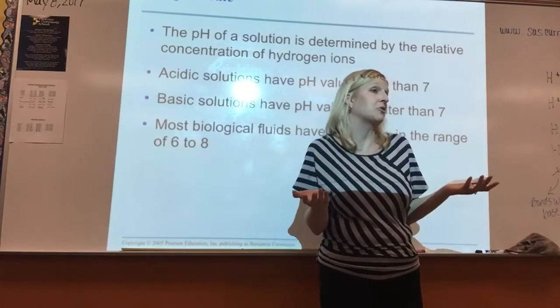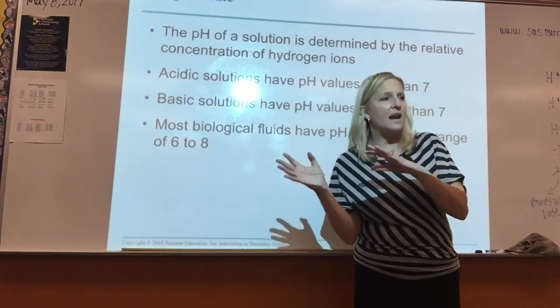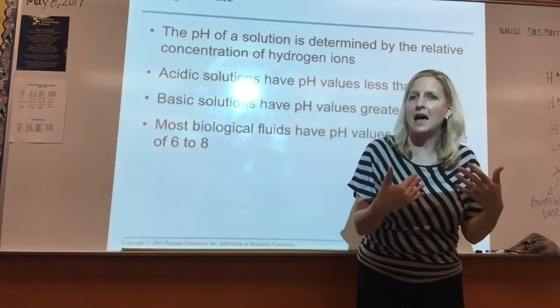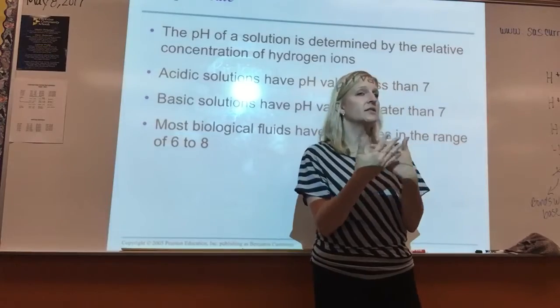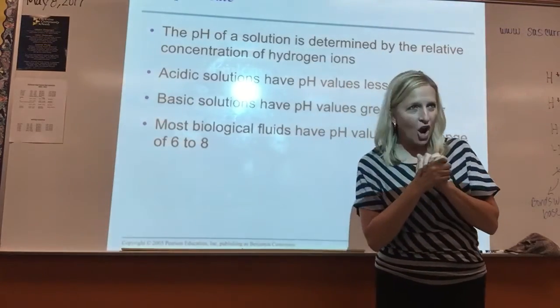Because most chemical reactions will occur naturally, but at such a slow rate that we would die before we get the products of those chemical reactions. So we have to have these substances that speed up chemical reactions. They're called enzymes.